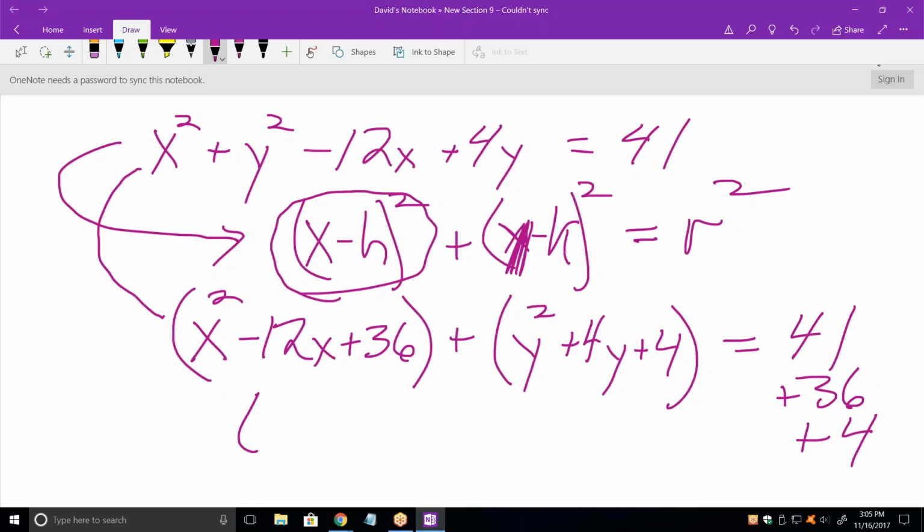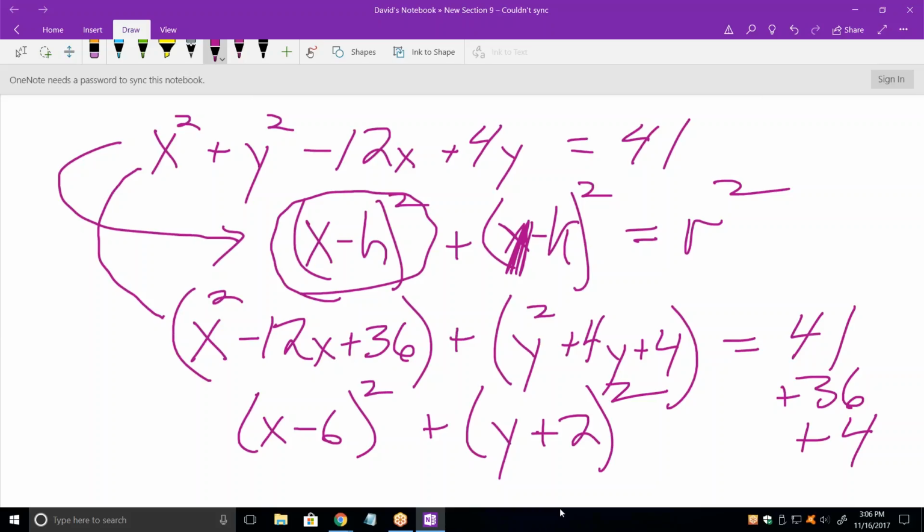So what is that? We'd have x minus 6 squared plus y plus 2 squared. It's always the sign of that middle term. So in the y case, it's y plus 2 squared.